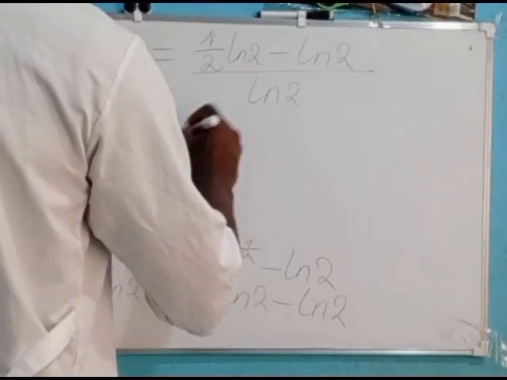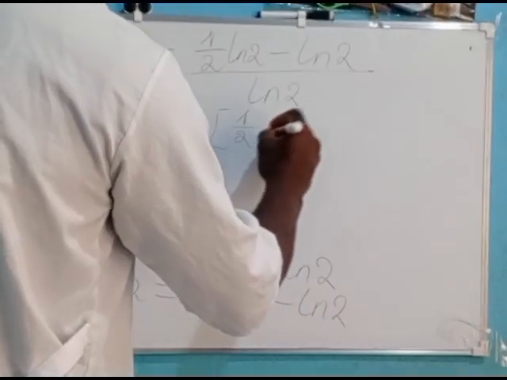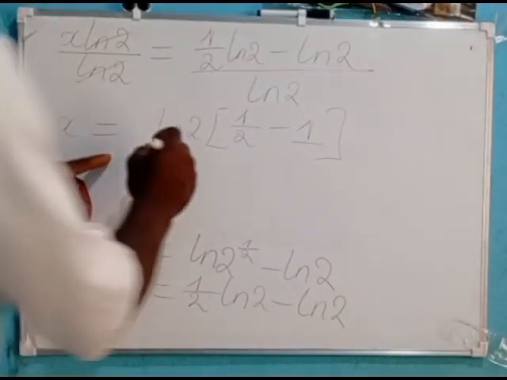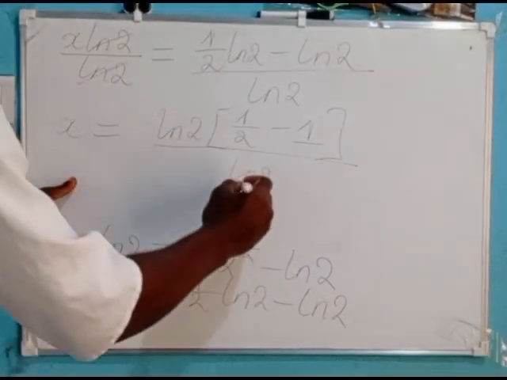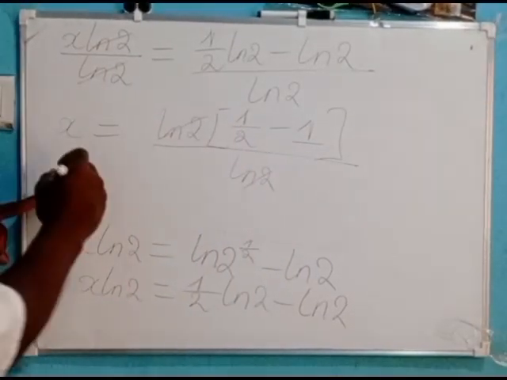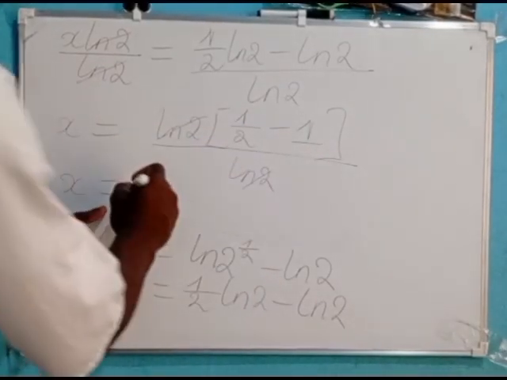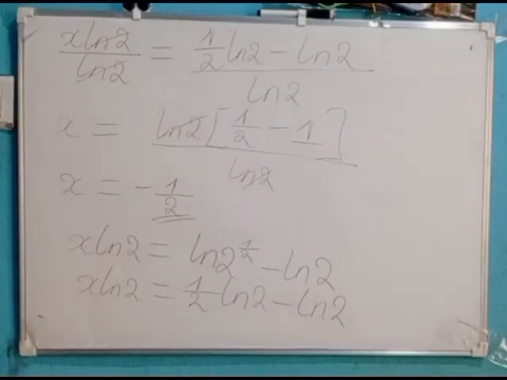This will give us ln 2 times a half minus 1. Then we divide by ln 2. Ln 2 will strike ln 2. This will give us x to be equal to a half minus 1, which is negative a half.